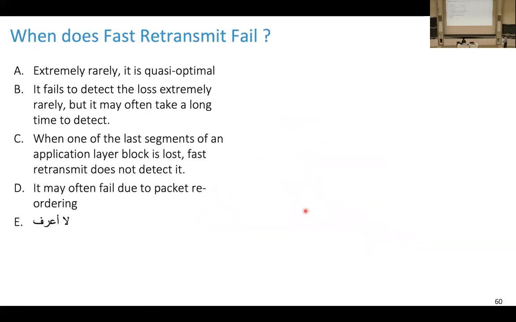So now let's begin with a small poll. We have seen fast retransmit, and when do you think fast retransmit fails?